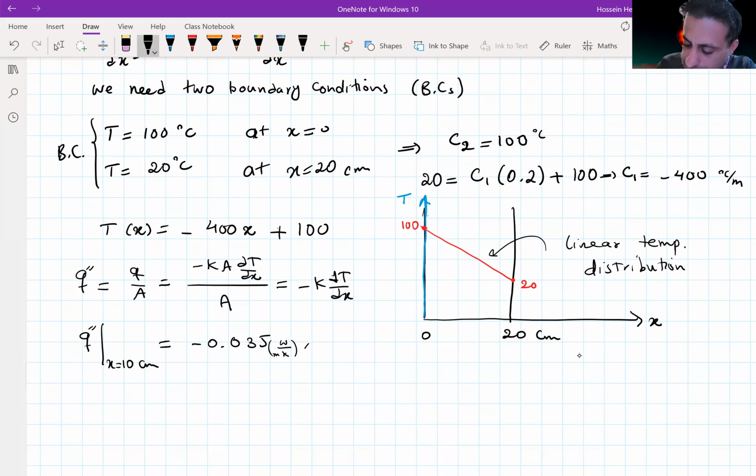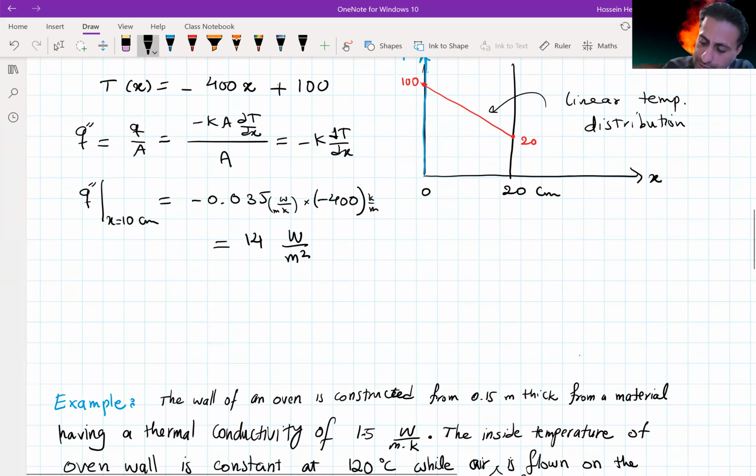This is k times dT/dx. If you take the derivative, it's minus 400, which has the unit of K over m. If you do the multiplication, we end up with 14 watt per meter squared. So this is the flux.